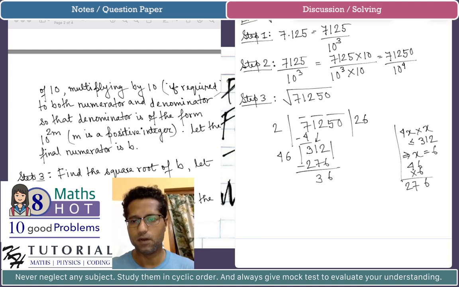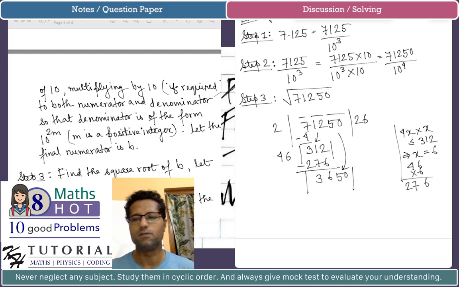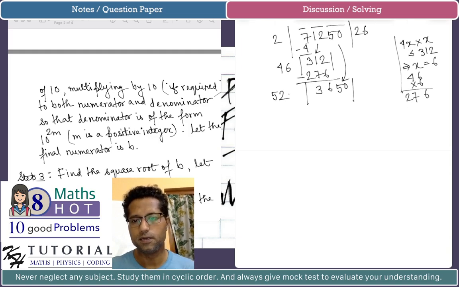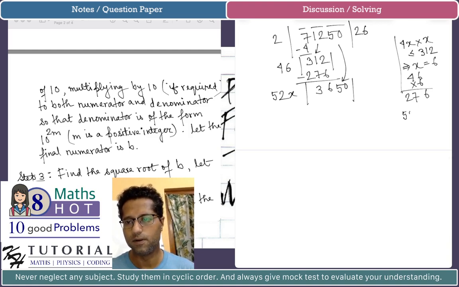We bring down the next period, that is 50. The current dividend becomes 3650. The next partial divisor will be 26, the current quotient, multiplied by 2, that is 52. Now again we have to find the digit x such that the 3-digit number 52x multiplied by x will be less than or equal to 3650.